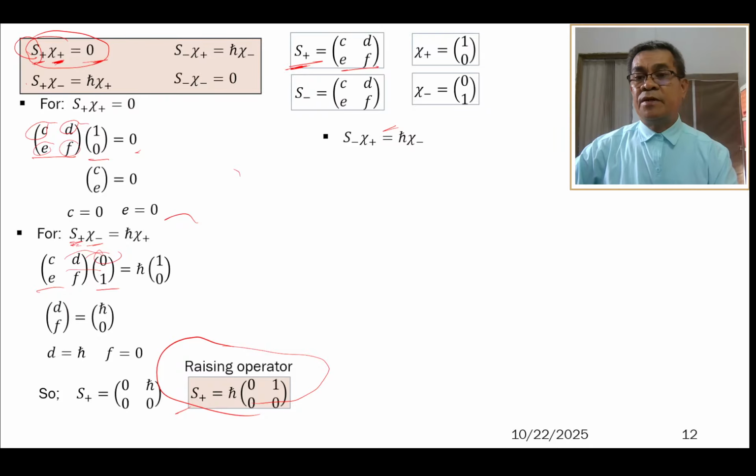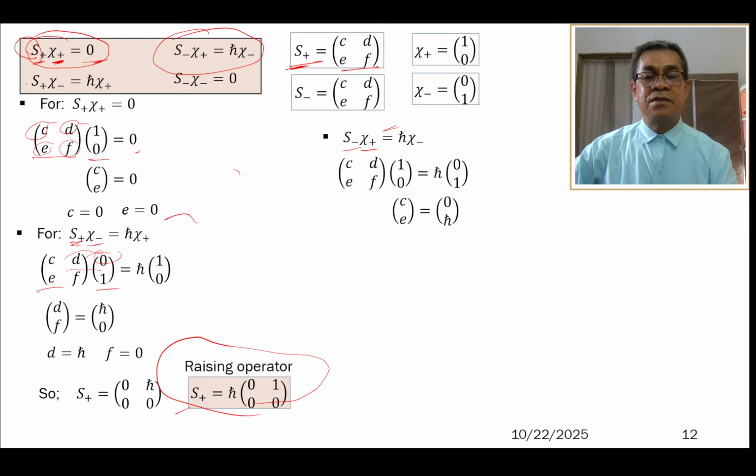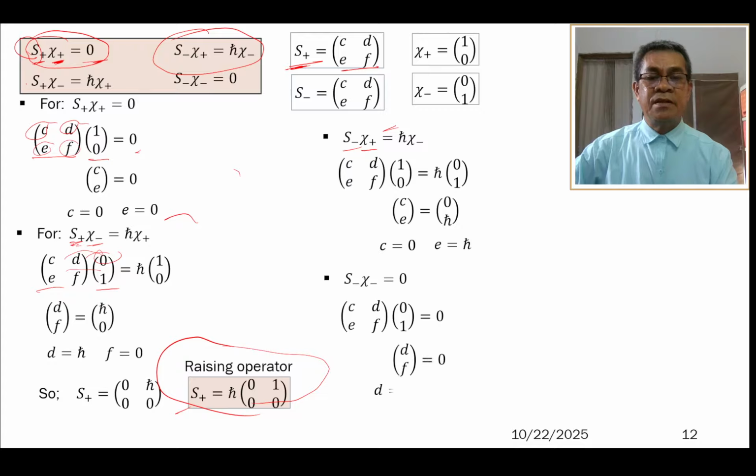Okay, now for the next equation, applying the lowering operator on the spin up, which is this one, then substitute again with the same process, do the linear algebra simplification, then we can say that C is equal to 0, E is equal to H bar. Okay, then apply it again, but this time for the lowering spin down, do the same process, then simplify further, and we come up with D is equal to 0, F is equal to 0.